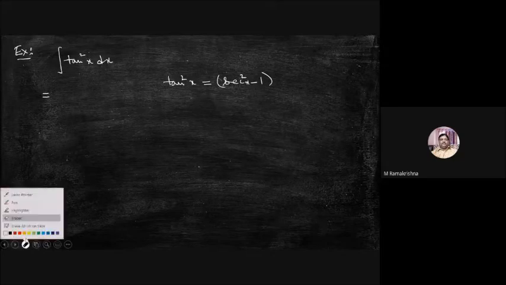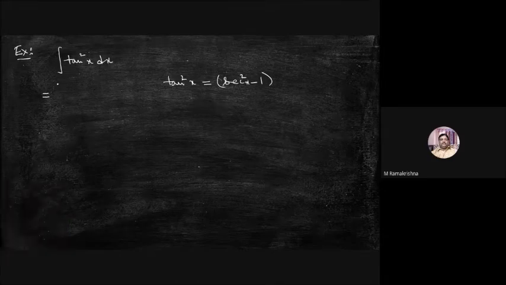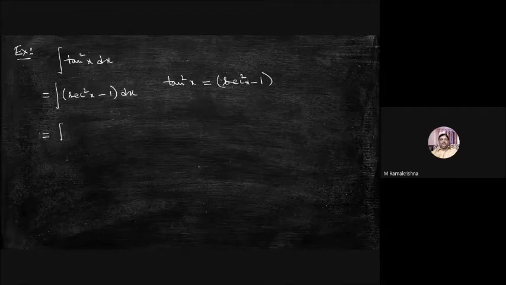So, I am replacing tan square x by secant square x minus 1. Now, it will become integration of secant square x dx minus integration of 1 dx. Integration of secant square x is tan x.